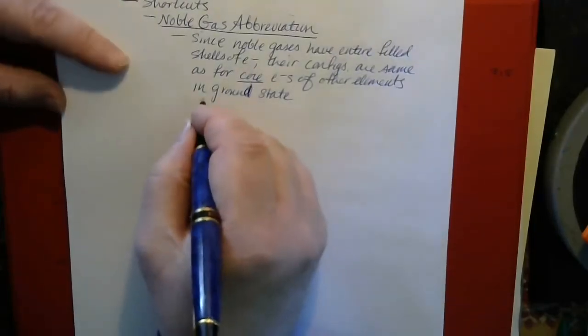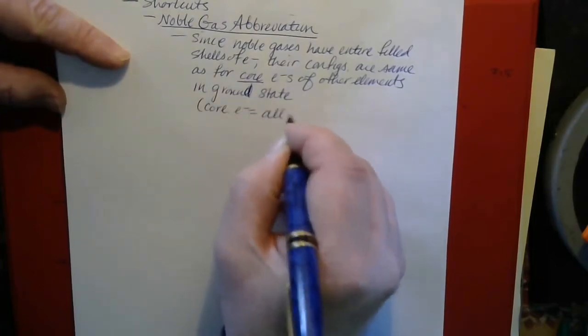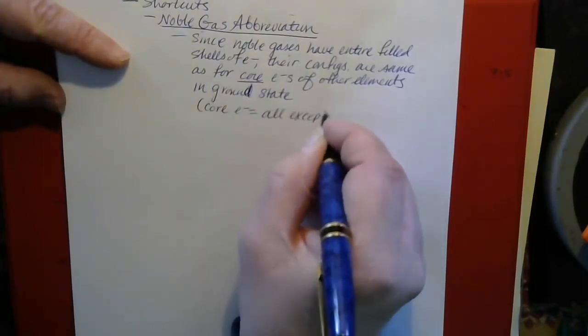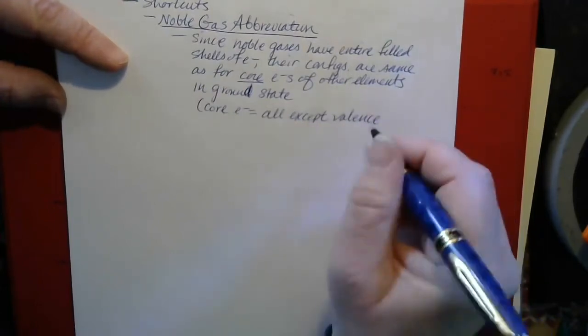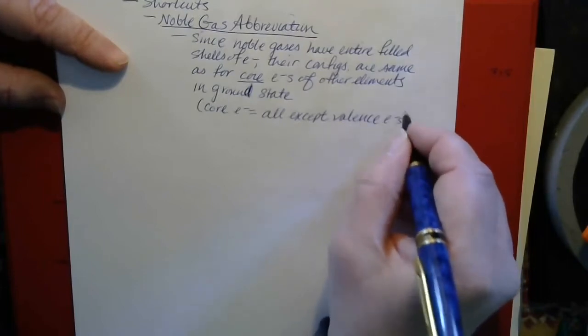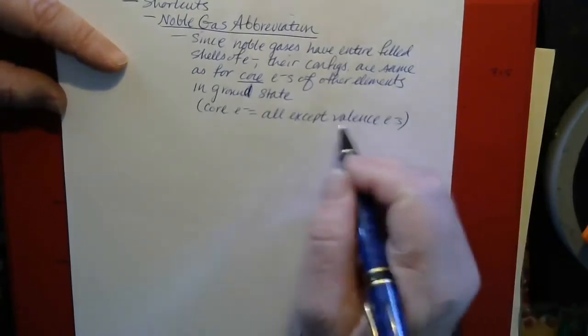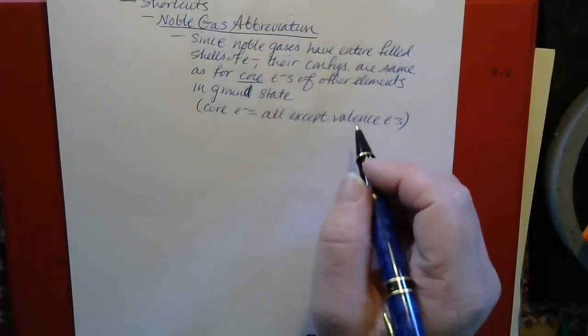Okay, the core electrons, remember, are essentially all of the electrons in an atom except the valence electrons. And the valence electrons are the ones in the outermost shell. So the core electrons are the inner electrons.